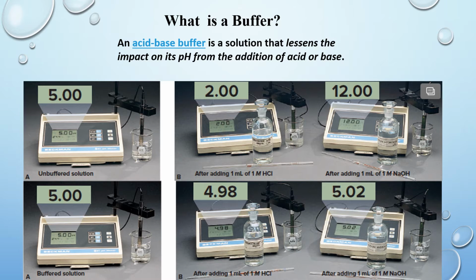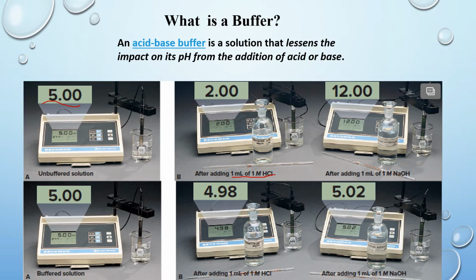In this example, you see the picture on the top. If you have a solution that is not buffered, at the beginning you measure the pH using a pH meter, and the pH is 5. By adding just 1 milliliter of 1 molar hydrochloric acid, because of the addition of protons, the pH drops to 2.